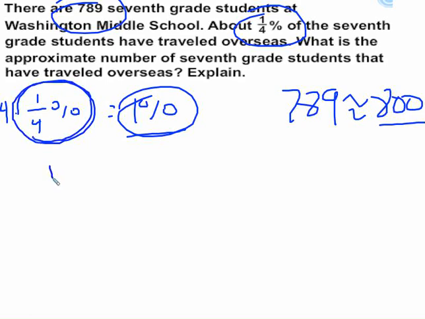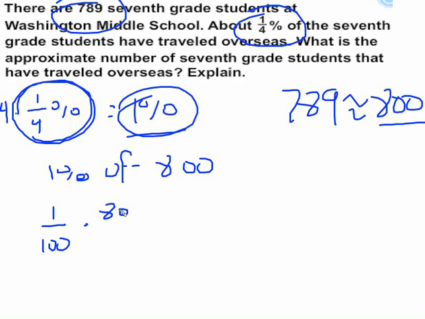So I know that 1% of 800 is going to be calculated as 1/100th multiplied by 800. Well, that's just going to equal 800 over 100, which equals 8 students.